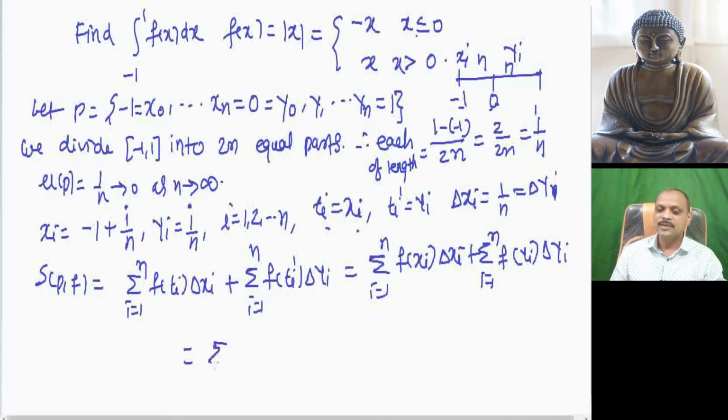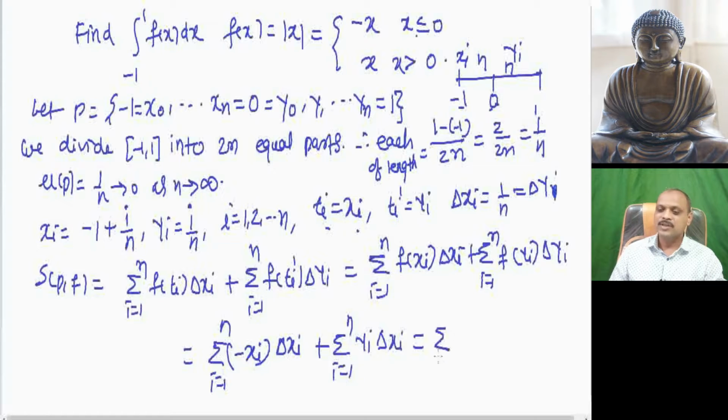So this value is minus xi into delta xi, i equal to 1 to n, plus yi into delta yi, i equal to 1 to n.